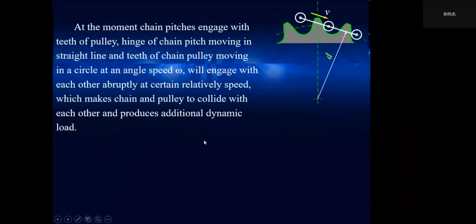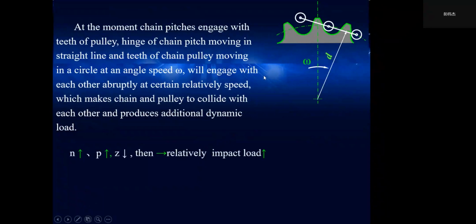And at the moment the chain pitch is engaged with the sprocket, the hinge of the chain pitch moving in a straight line and the teeth of the sprocket moving in a circle at angular speed omega will engage with each other abruptly at a certain relative speed, which makes chain and sprocket collide with each other and produce additional dynamic load.